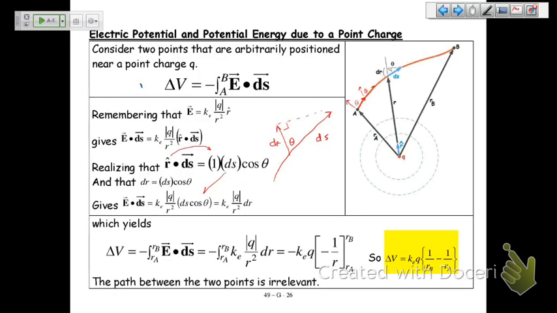I recognize that ds cosine theta equals dr. So we get Ke times Q over R squared dr. Can you see what I just did? I changed it so my integral has the variable in terms of what I want to integrate with respect to.